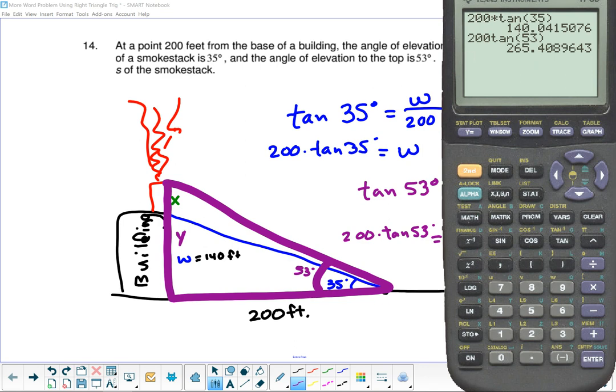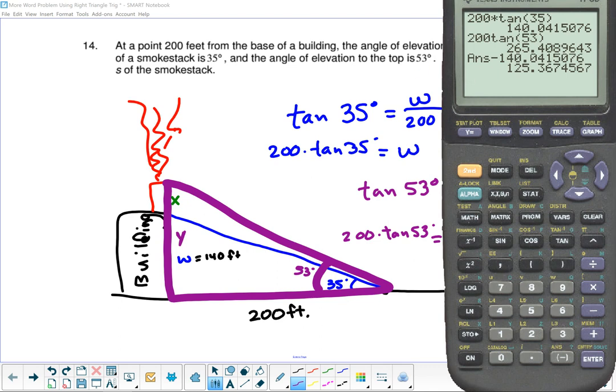All we have to do is subtract these two numbers from each other. I already have the one to the top, and I'm going to subtract the one to just the building part. So that means the smokestack itself is about 125 feet tall.